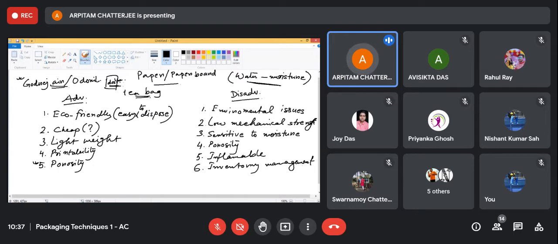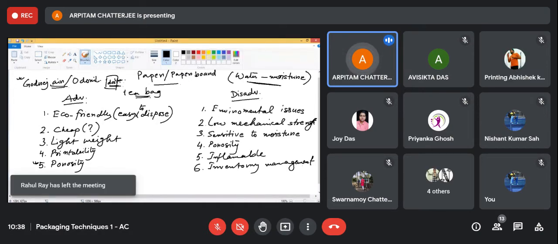If it is very prone to get affected by water, if it is very prone to fire attacks, in all those cases paper inventory is very risky. Okay, so inventory management of paper packaging is a bit tricky thing. It's not that easy like many of the other packaging products.